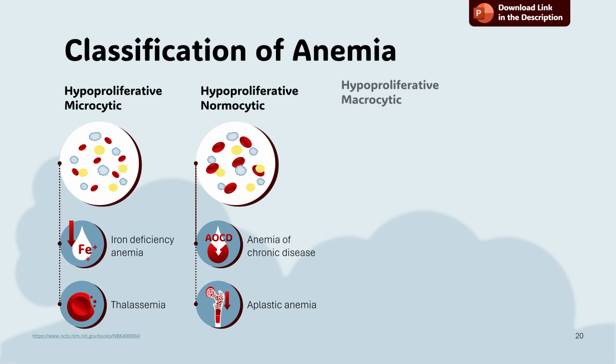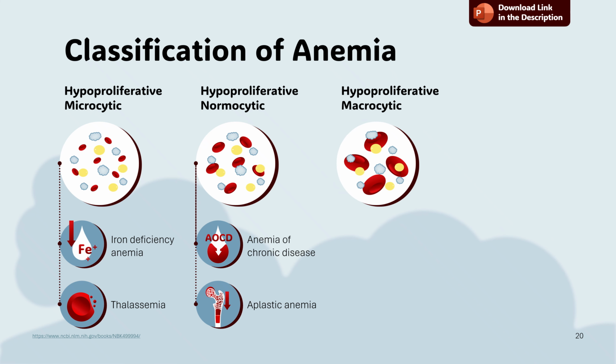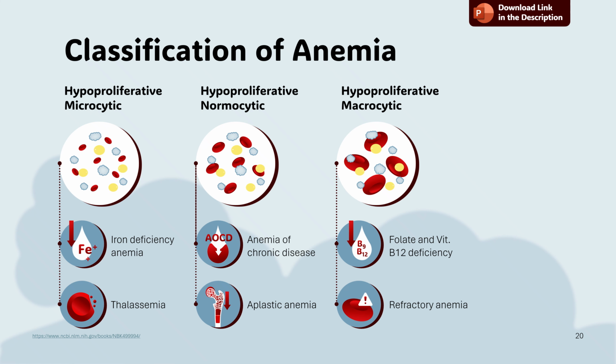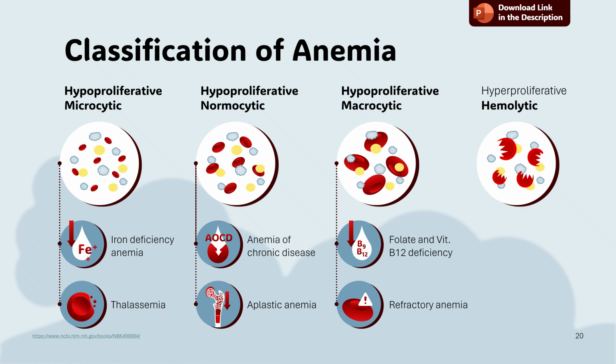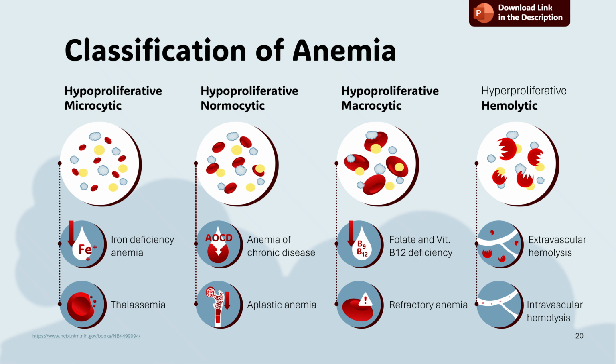The hypoproliferative macrocytic group involves vitamin B12 or folate deficiencies impairing DNA synthesis, alongside refractory anemias. Finally, hyperproliferative hemolytic anemias split into extravascular hemolysis, where macrophages destroy RBCs, and intravascular hemolysis with direct bloodstream rupture, each requiring distinct management.